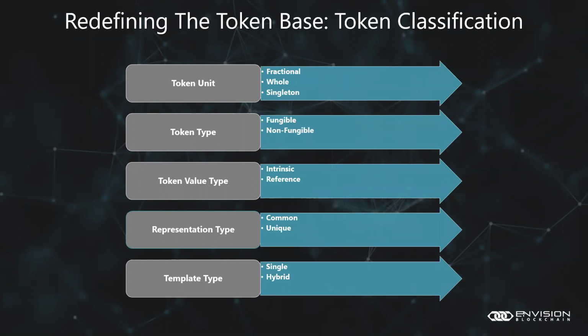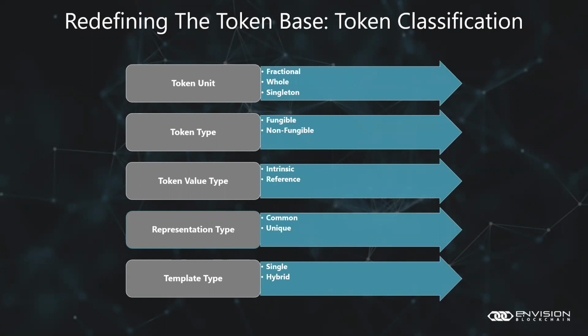Next, we have the token value type, and this is kind of interesting. There's two different token value types, one which is intrinsic and one which is a reference. Intrinsic is a token that has value within itself.